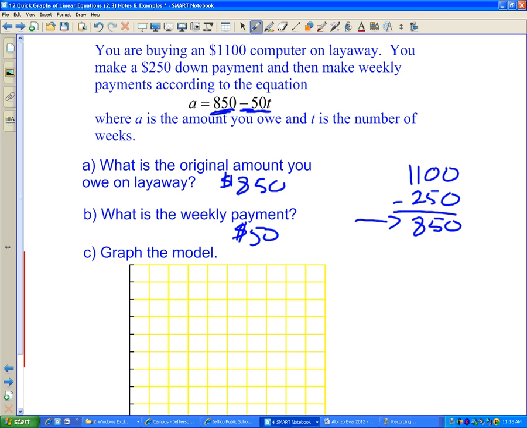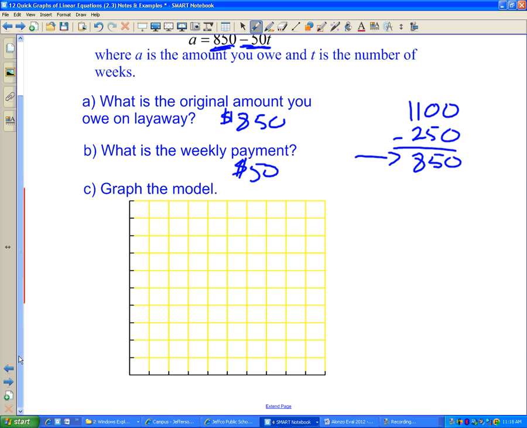So now I want to graph this model. I want to do a quick graph. Let's see what I have. I need 850. I have 10 lines, so I'm going to count each line as 100. 850 is right here.